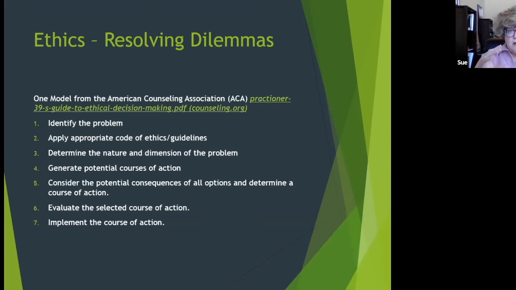So as far as confidentiality, you treat their clients in the same way that you would treat your own clients, and if you're doing your own supervision or consultation, your supervisee should be aware of that.